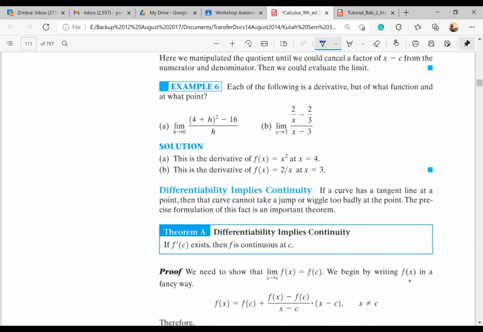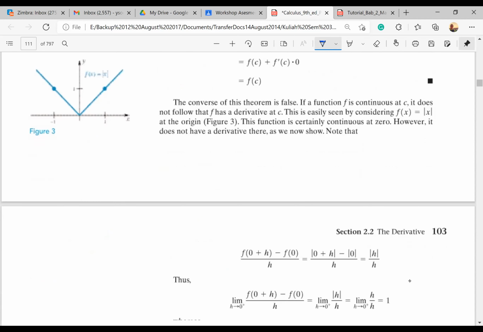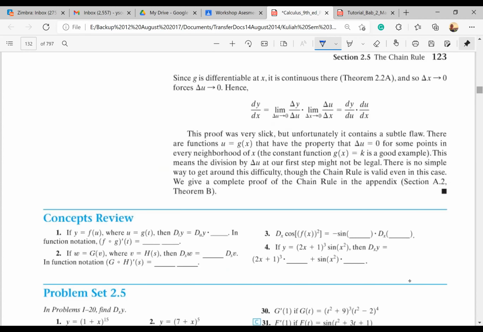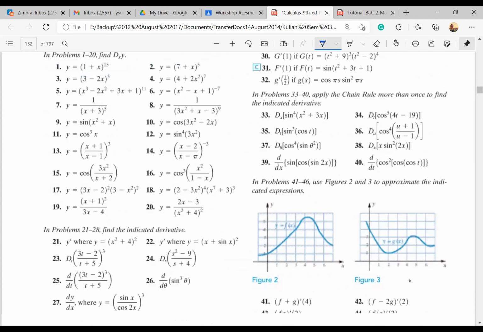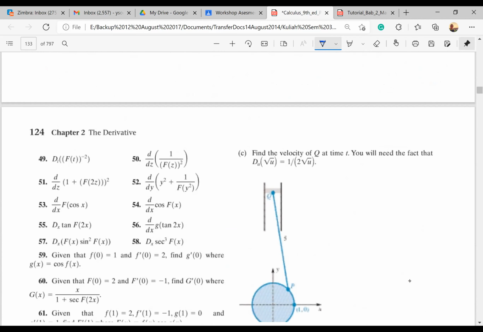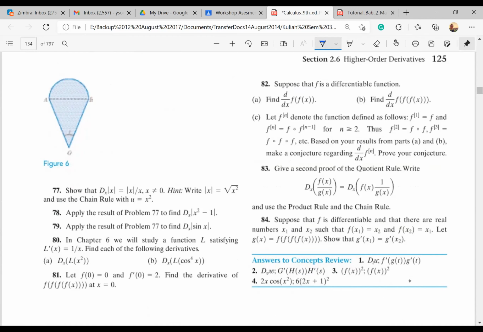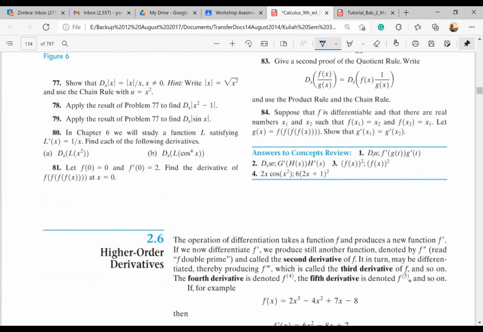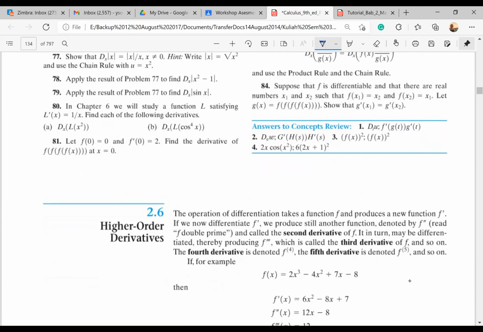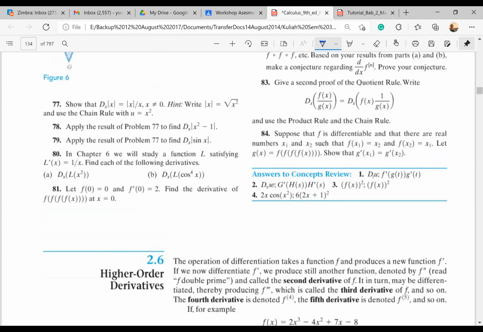All right, so let's do this one, the rules for derivatives.